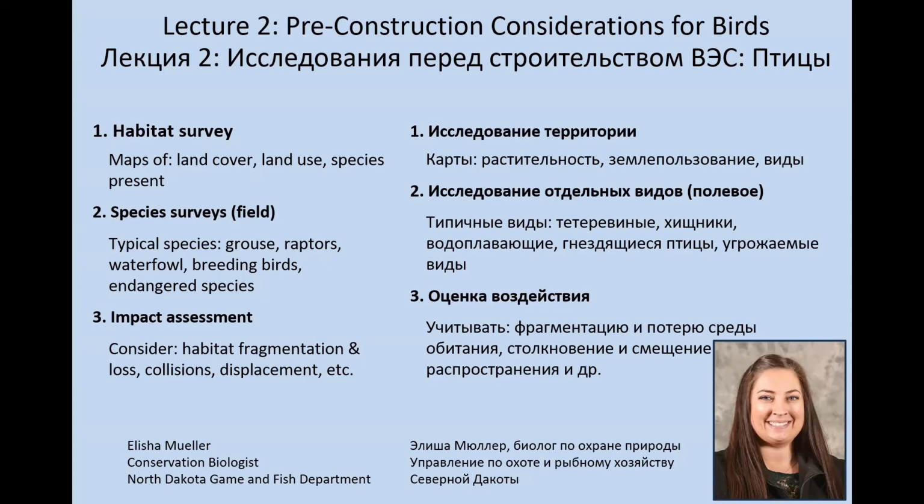And then when you get to impact assessment, the things we talk about are habitat fragmentation, habitat loss, potential for collisions, and displacement. So these three themes, habitat surveys, species surveys, and impact assessment, are really the key things to think about when you're thinking about pre-construction surveys for birds.